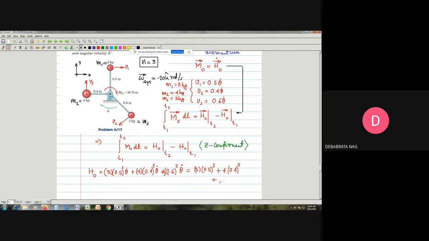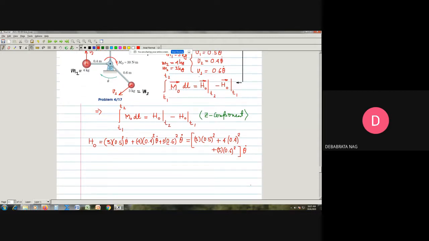So we can write this in a proper manner, with the plus signs, and this whole thing is multiplied by theta dot only. So this is our angular momentum of this group about the z-axis at any point of time, HO.